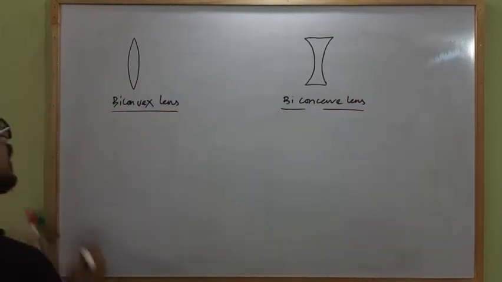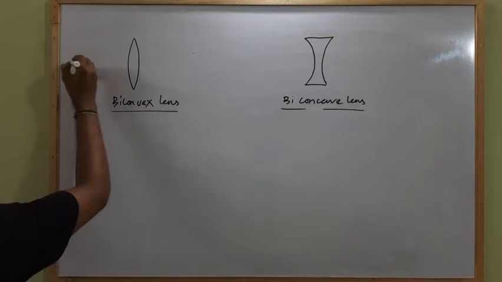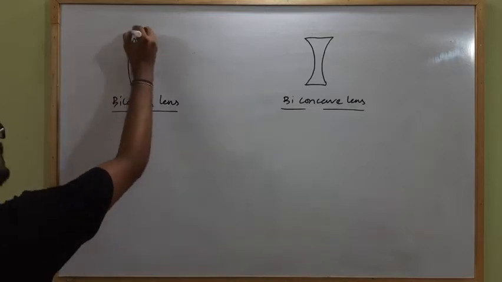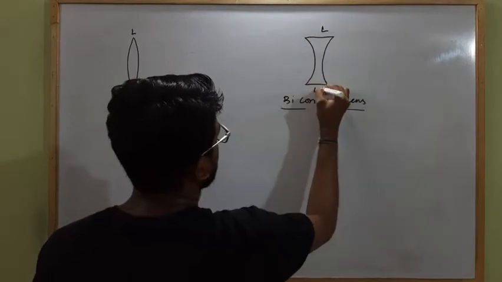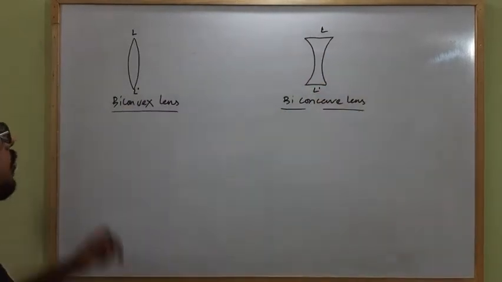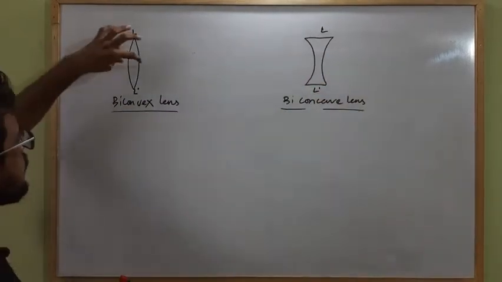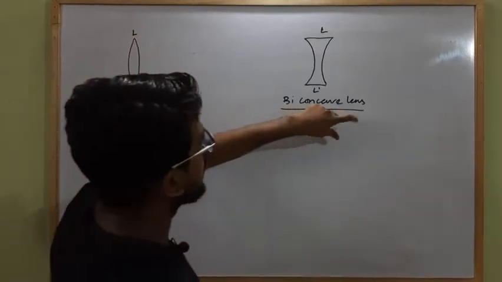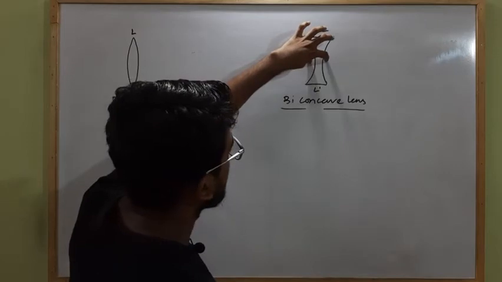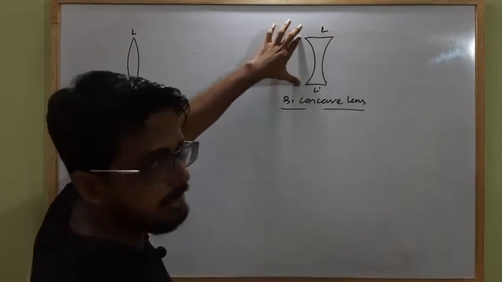Okay, so there are some terms related to each lens. So as this is a lens, let it be L dash. This is also L dash. Okay, so convex lenses are those lenses which are thicker at the middle and thinner at the edges. Concave lenses are the lenses which are thin at the middle and thicker at the edges.